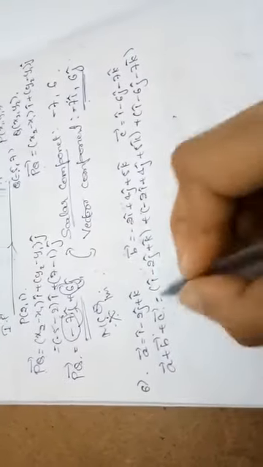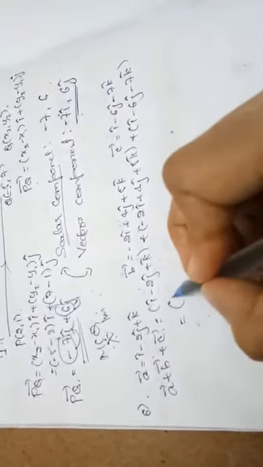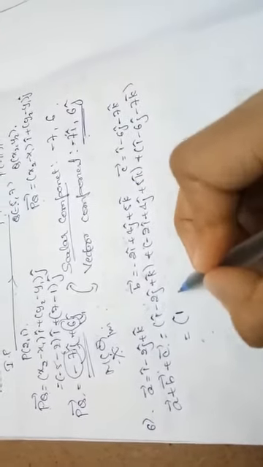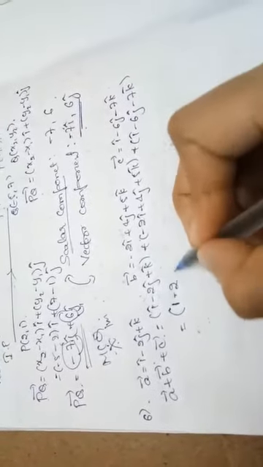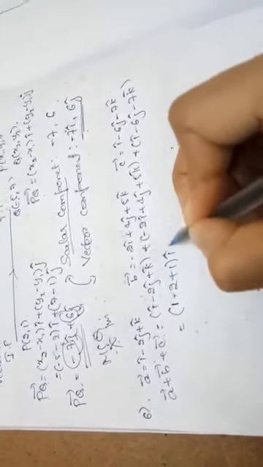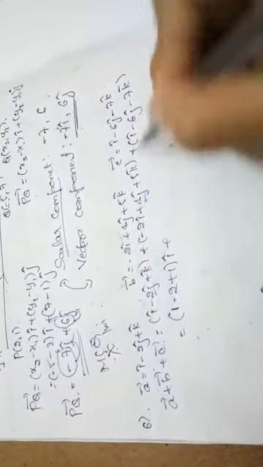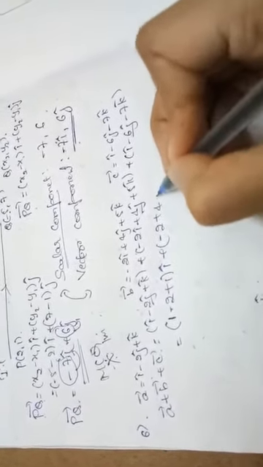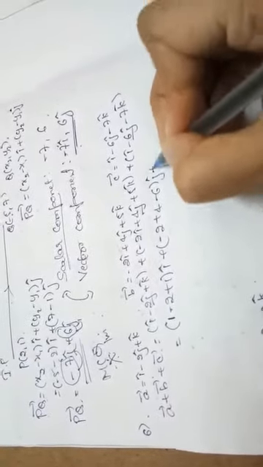So the sum of these vectors: what is the scalar component of i here? It is 1 minus 2 plus 1 i cap. The scalar component of j is minus 2 plus 4 minus 6 j cap.